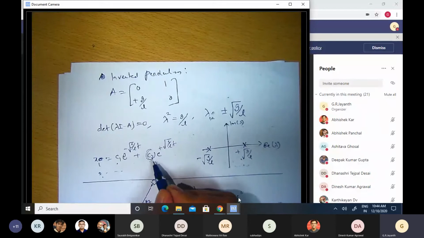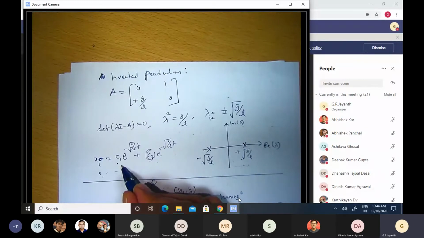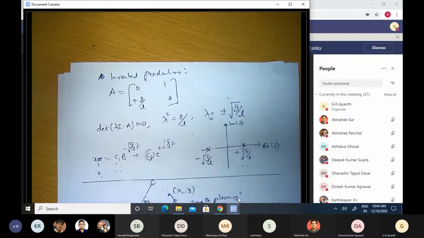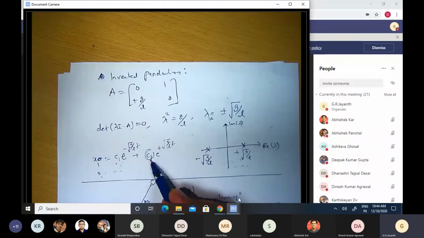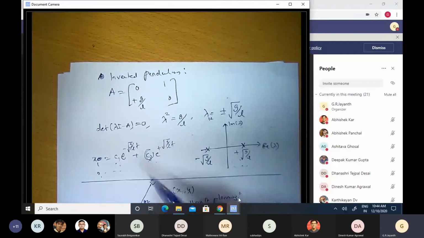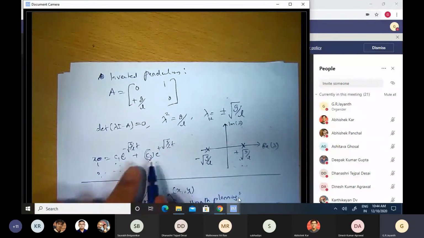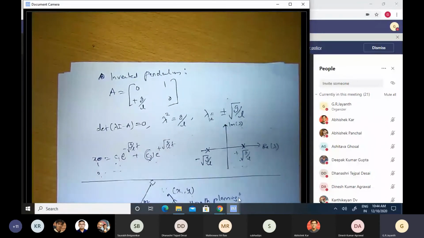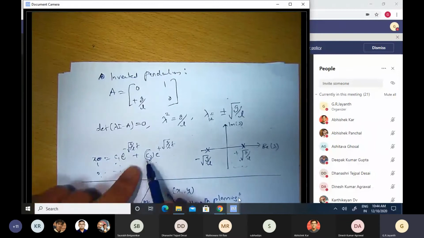So what I'm saying here is, if I choose my initial condition so carefully, then it is possible for this coefficient c2 to become equal to 0 and only this particular term to remain. But how do I do that in practice? Even a small change in the initial condition from that special condition will make c2 non-zero.